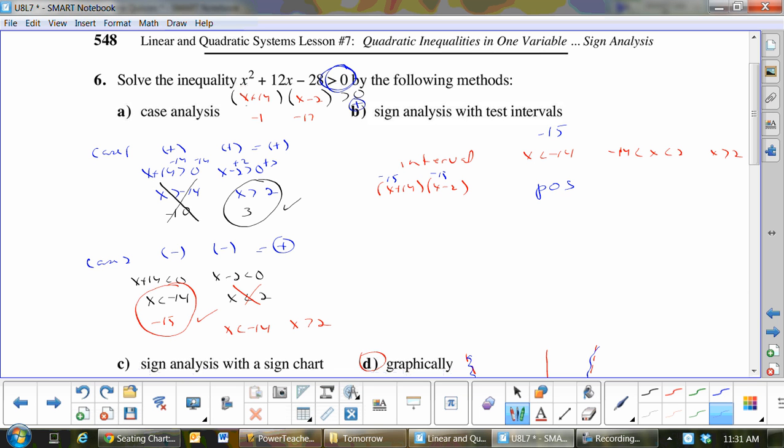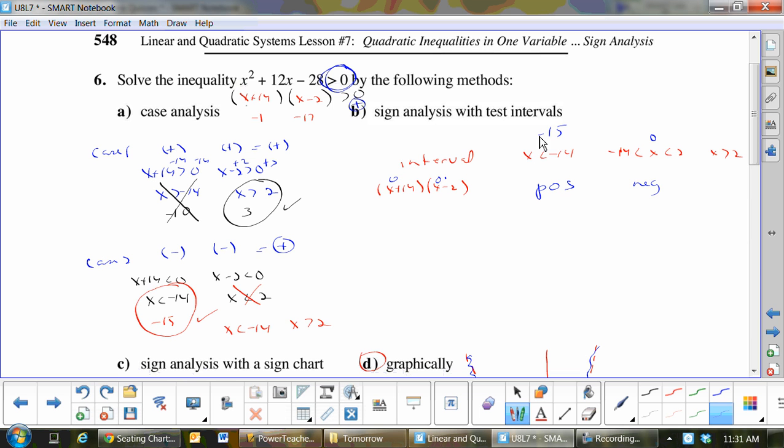Test the number between negative 14 and 2. Use 0. Okay, so if you put in 0 here, 0 plus 14 is 14. 0 minus 2, that's negative 2. Right, 14 times negative 2, so you get a negative.